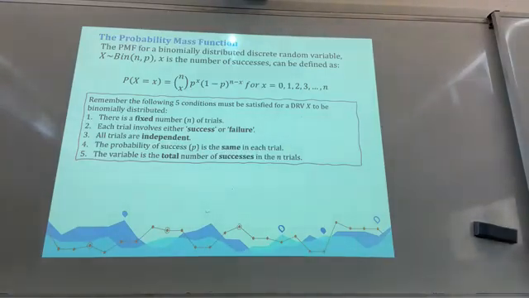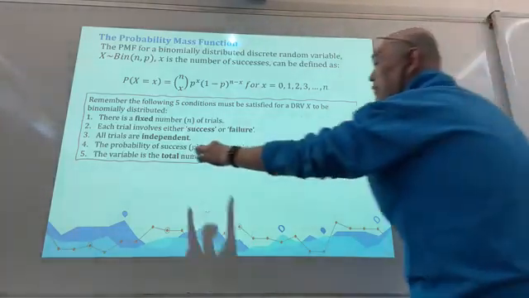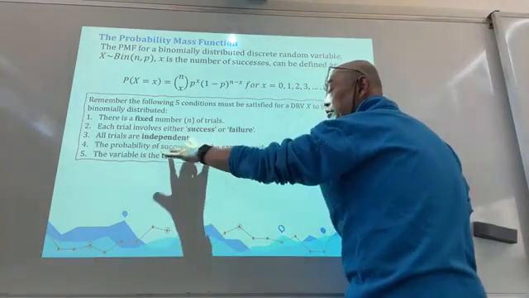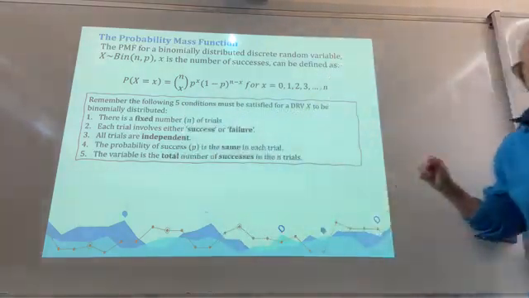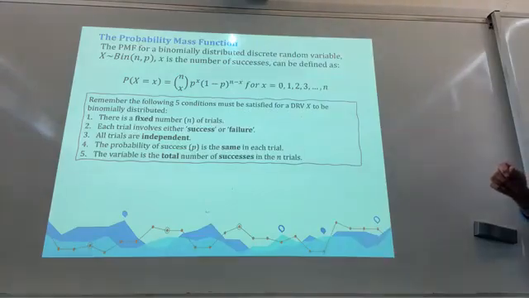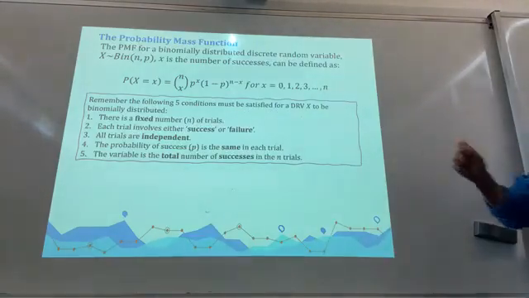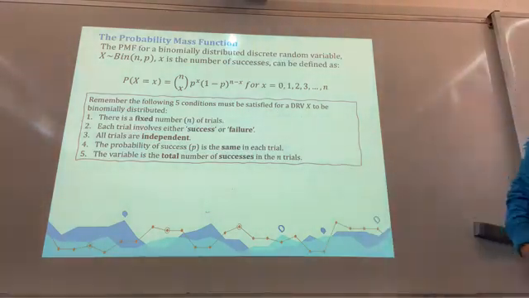If one of the questions has 2 answers, then you cannot have a binomial distribution. The probability of success has to be the same in each trial. So question 1, 2, 3, 4, p is 0.25 for success. 5. The variable is the total number of successes in the n trials.